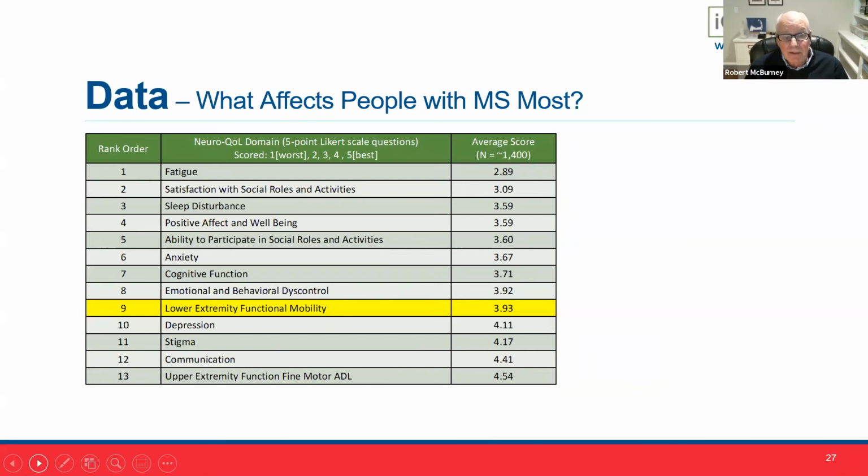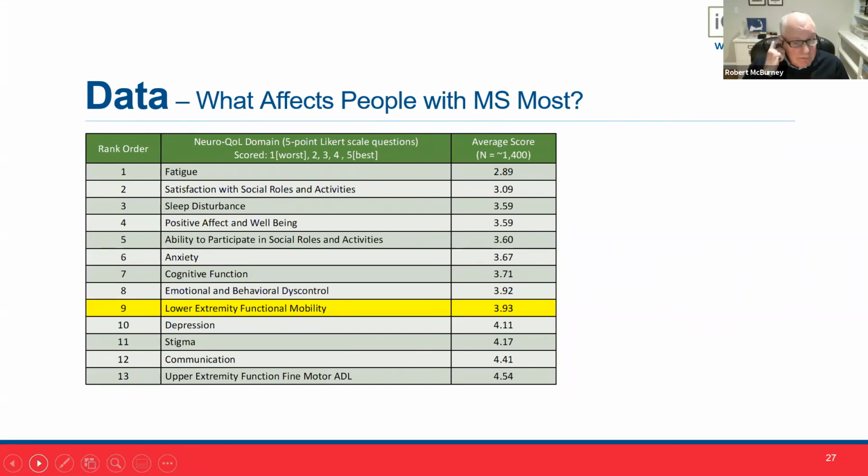And interestingly, this is what the scores were for 1,400 people in our network quite a few years ago, but things haven't changed in terms of the importance or what affects people with MS the most. Fatigue comes to the top, in other words, the worst symptom for people with MS. And then there are a variety of things that include sleep disturbance, anxiety, cognitive function, and lower extremity functional mobility.